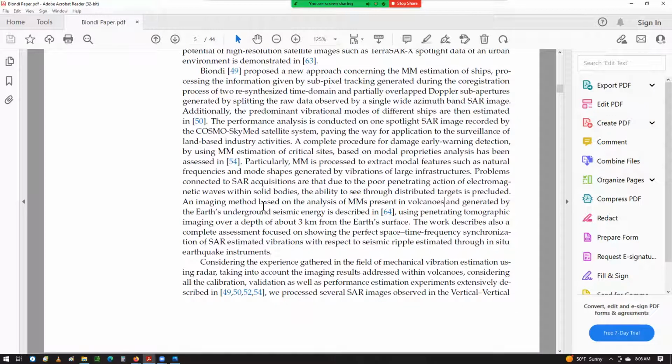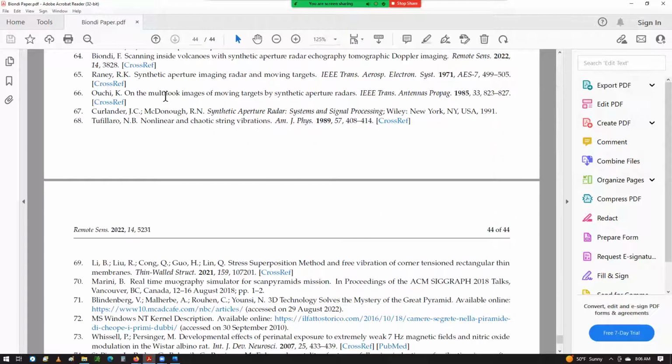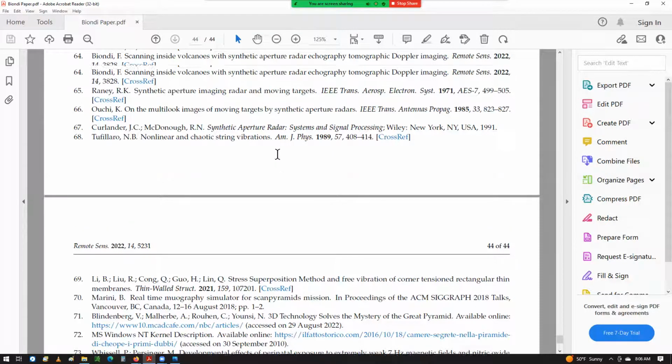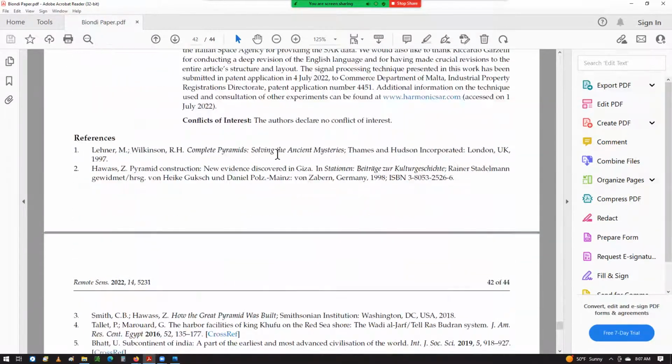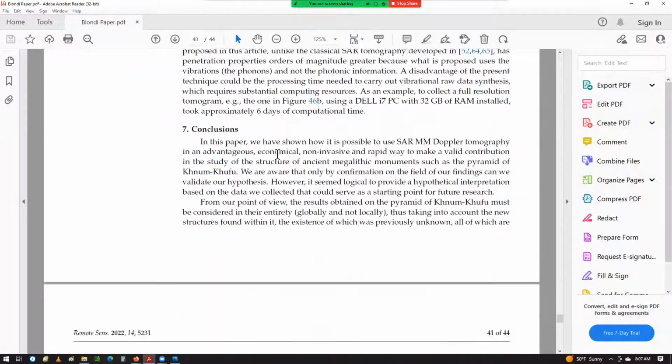It says an imaging method based on the analysis of MMs, so micro motions present in volcanoes and generated by Earth's underground seismic activity, is described in 64. So this actually, one of the authors himself, Biondi, scanning inside volcanoes with synthetic aperture. So he just published this this year. So it's good to have an independent proof of principle.